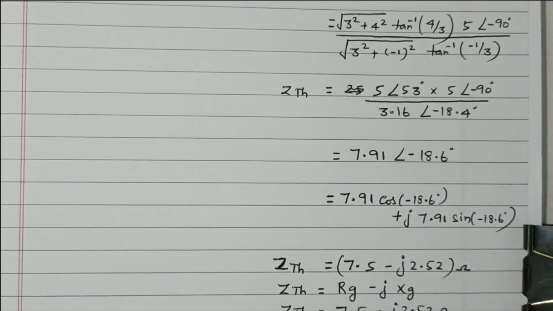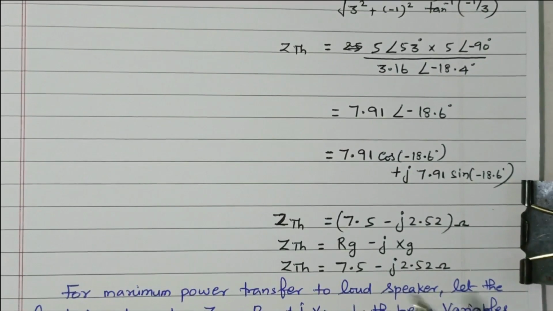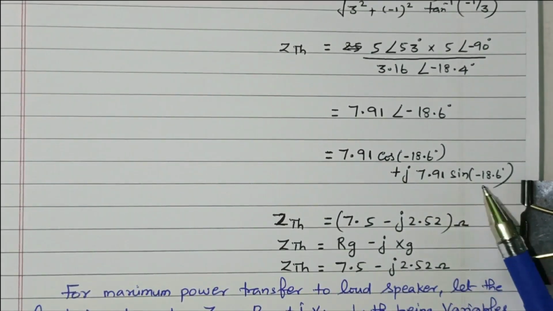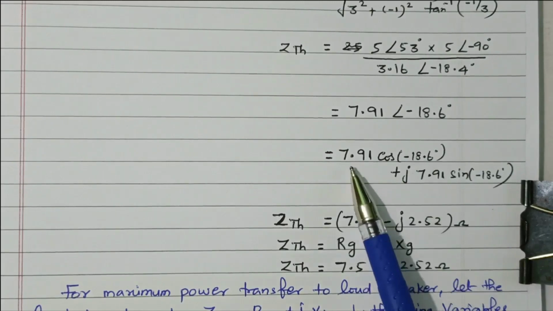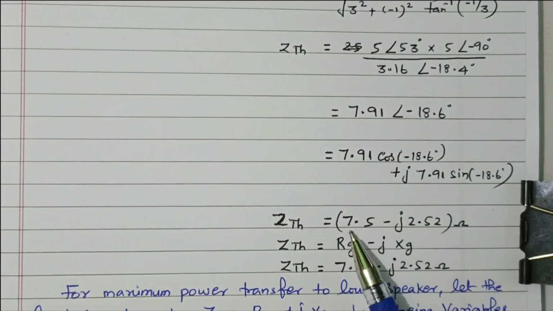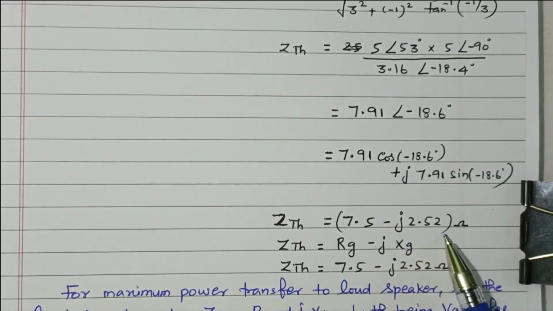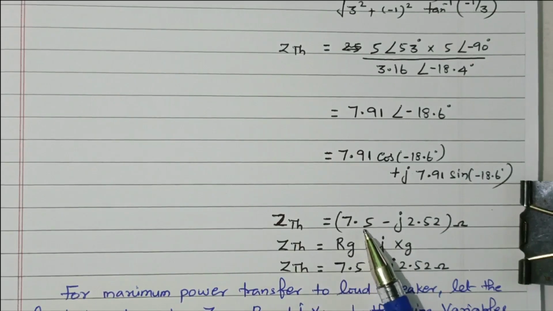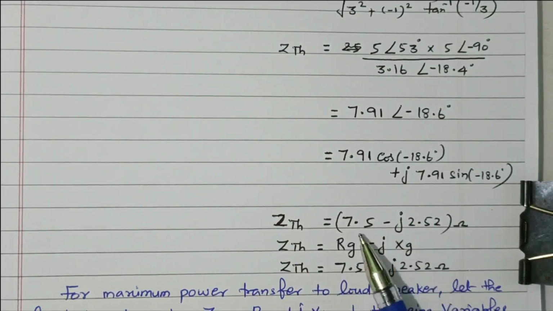We need to find this cos minus 18.6 and sine 18.6 and multiply them with 7.91. We got 7.5 minus j 2.52 ohm. This is Rg, this is Xg. So Z Thevenin equals 7.5 minus j 2.5 ohm.